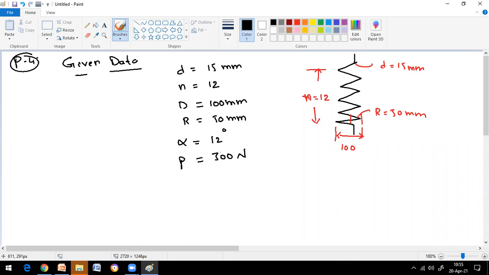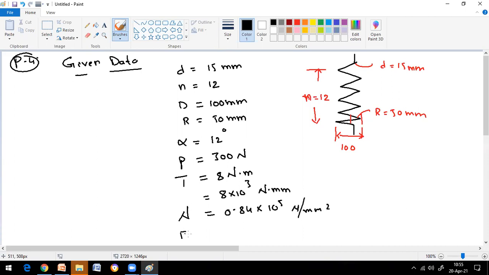If the axial load of 300 Newton is replaced by an axial torque, which is given as 8 Newton meter, nothing but 8 into 10 cube Newton mm, calculate the angle of rotation about the axis of the coil and the axial deflection. So we have to solve these two. Two more parameters are given: modulus of rigidity as 0.84 into 10 power 5 Newton per mm square, and modulus of elasticity as 2.1 into 10 power 5 Newton per mm square.